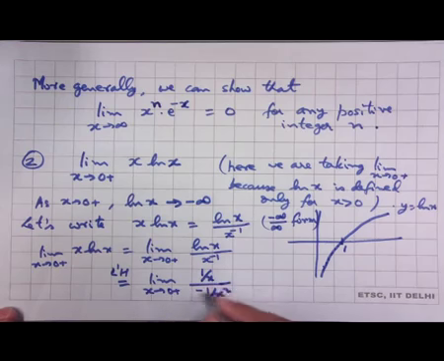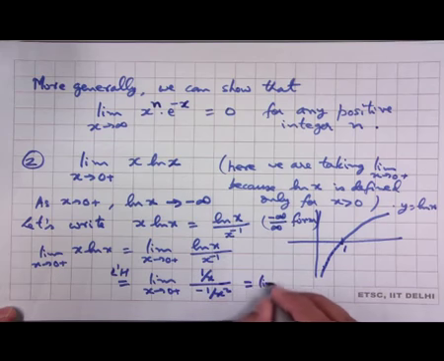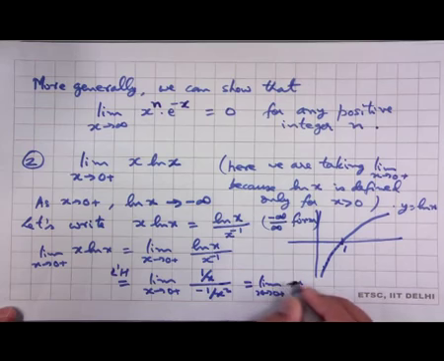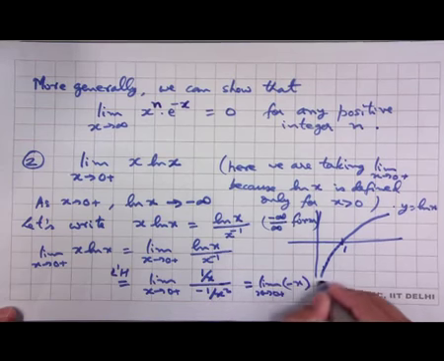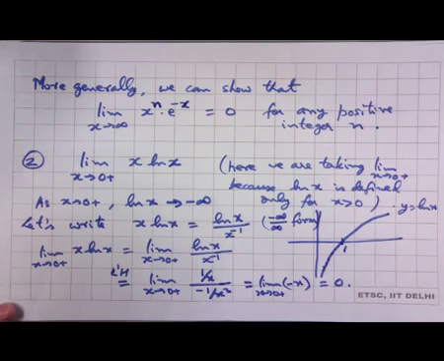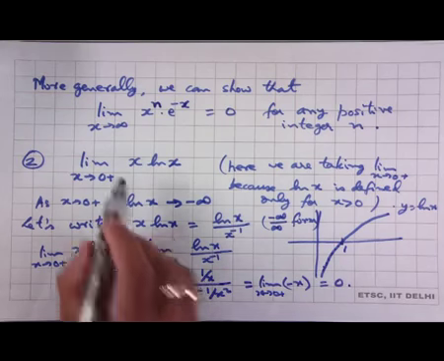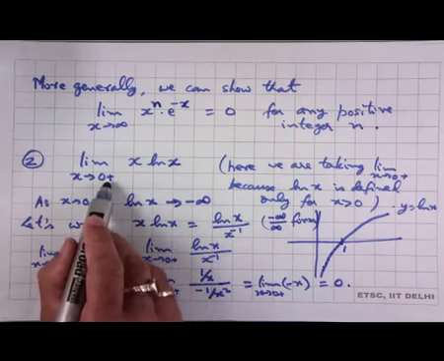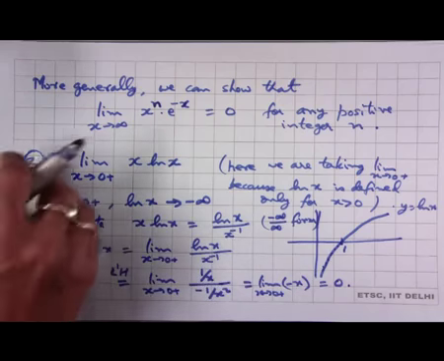If we simplify this, 1 by x divided by minus 1 by x square is nothing but minus x. So, this is the limit as x goes to 0 plus of minus x, which is equal to 0. So, the limit of x log x as x approaches 0 plus is equal to 0.